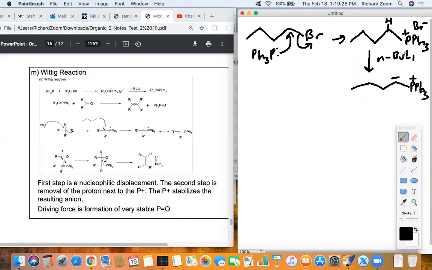The reason it removes this hydrogen is because the anion it gets is stabilized by the positive charge on the P next to it. And this is actually in resonance with this, which is called the Wittig reagent.